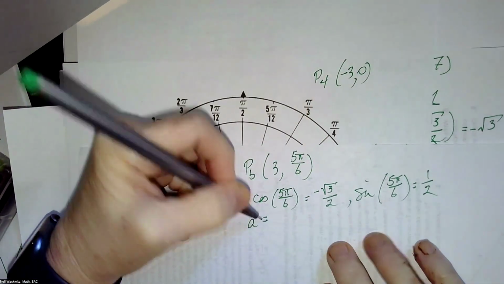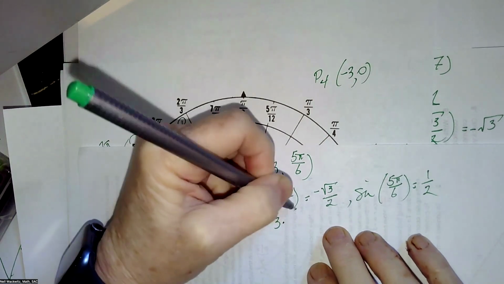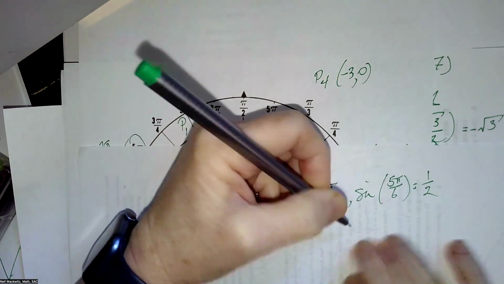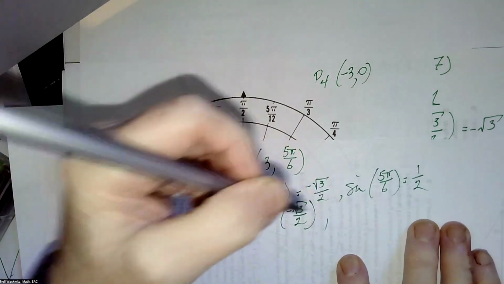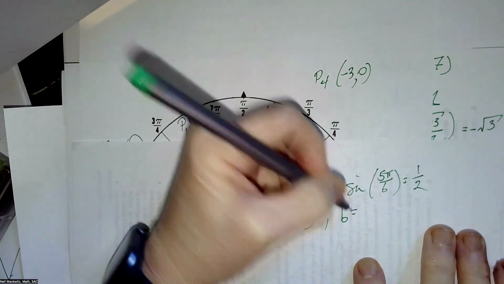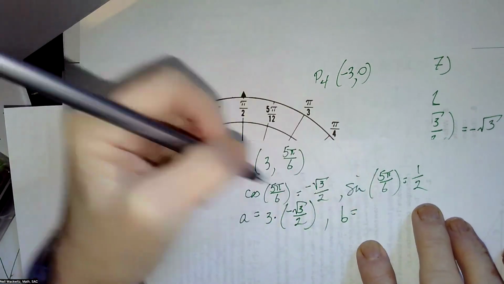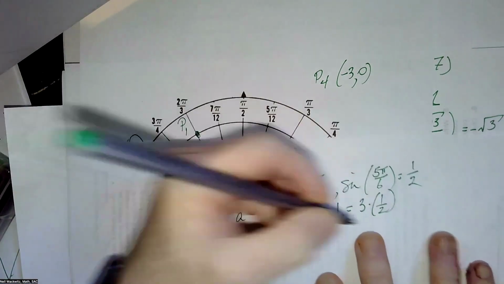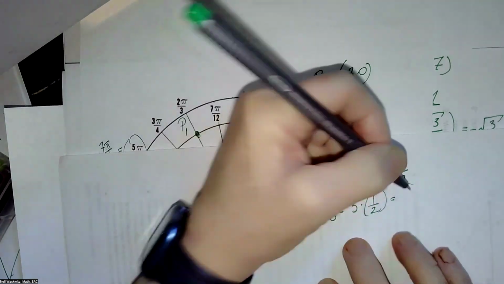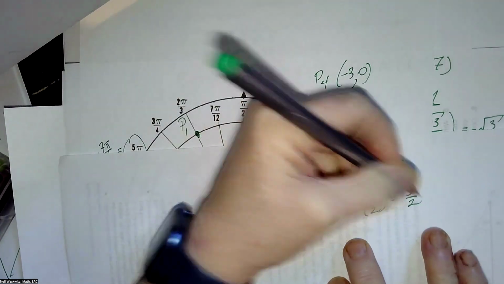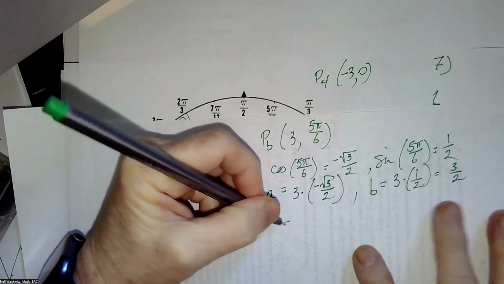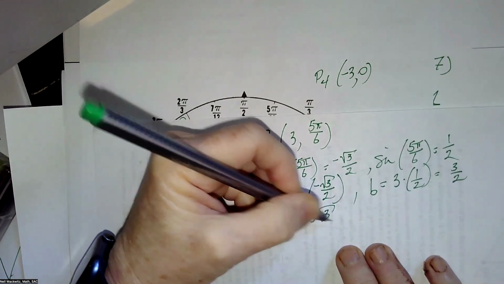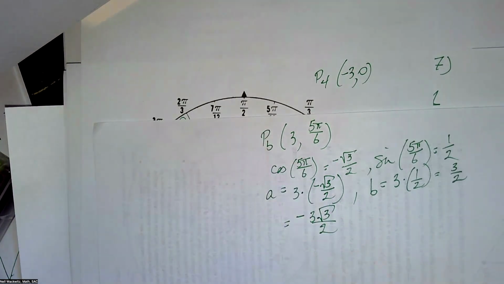So we have little a is 3 times negative square root of 3 over 2, and little b is 3 times 1/2. So for b, we get 3/2, and for a, we get negative 3 square root of 3 over 2.